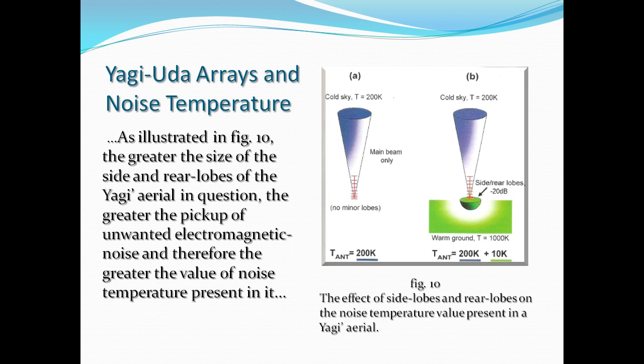Now, because the side and rear lobes are 20 decibels below the main lobe, the total noise temperature output from this imaginary Yagi-Uda array aerial will be 200 Kelvin, that's received from its main lobe, plus 20 decibels down from 1000 Kelvin, and 20 decibels below 1000 Kelvin is 10 Kelvin. Therefore the total antenna noise temperature will be 200 Kelvin plus 10 Kelvin, which will equal 210 Kelvin.